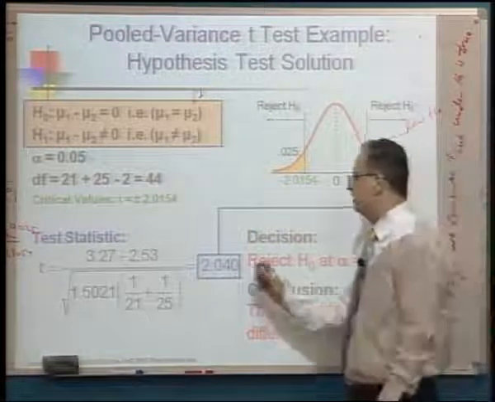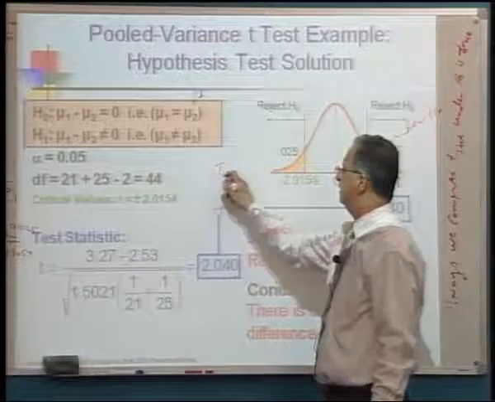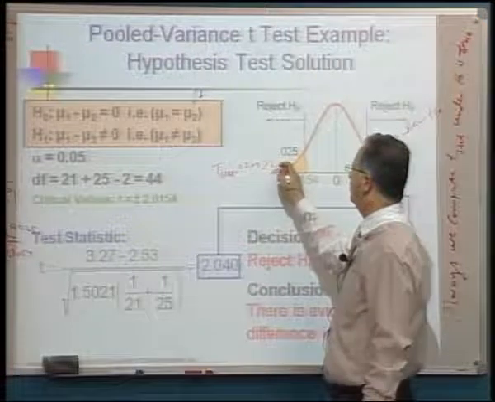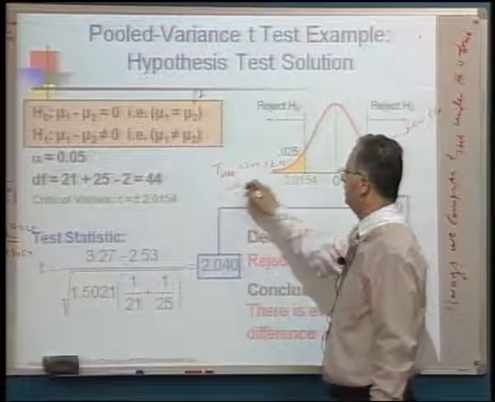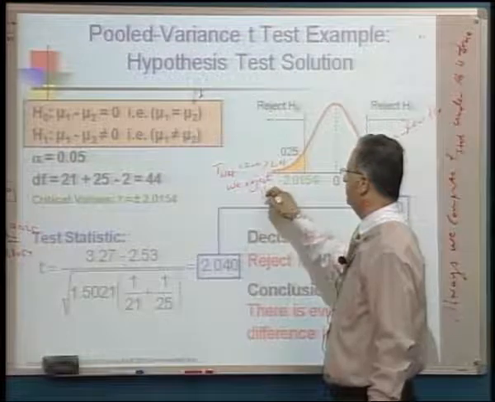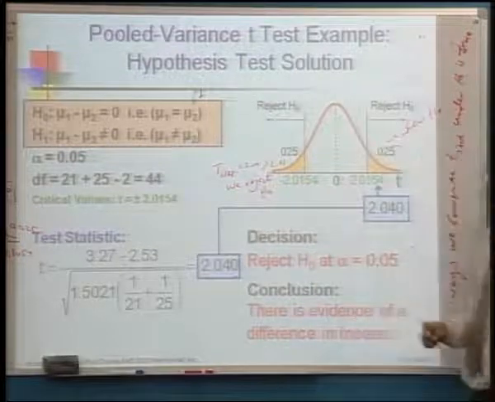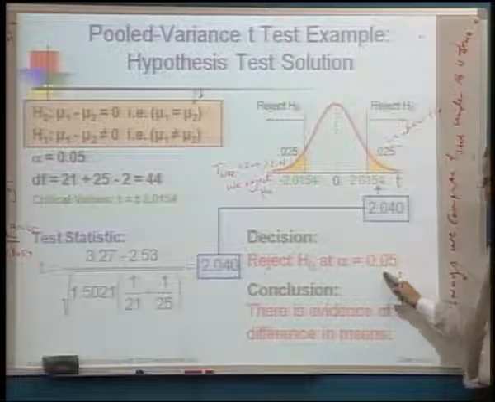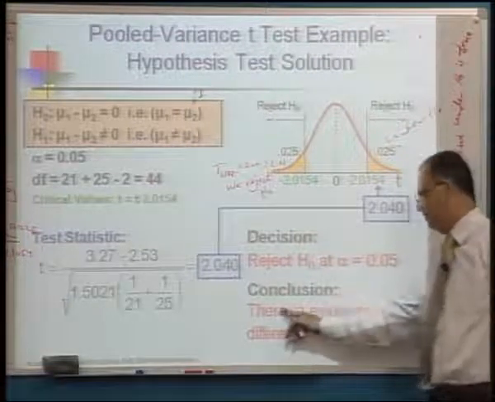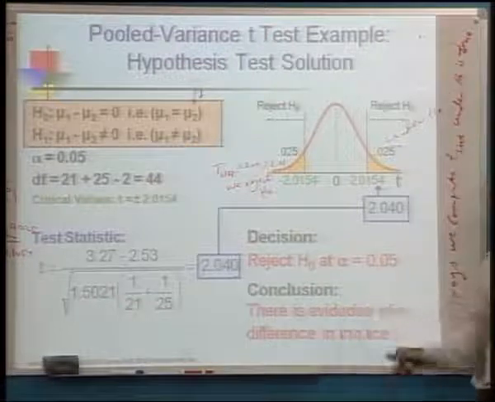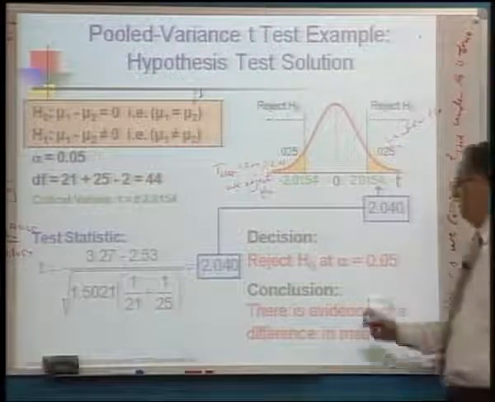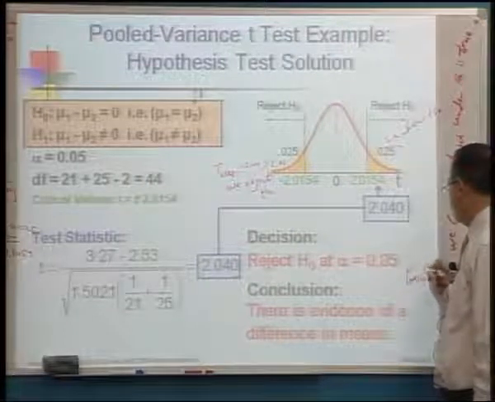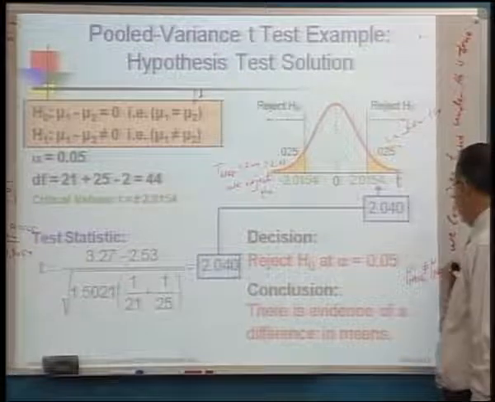So since the t statistic, which is equal to 2.04, is greater than 2.015, then we reject the null hypothesis. So the decision is reject H0 at 5% level of significance. Your conclusion: there is evidence of a difference in means. That means the mean of New York Stock Exchange does not equal that for Nasdaq.